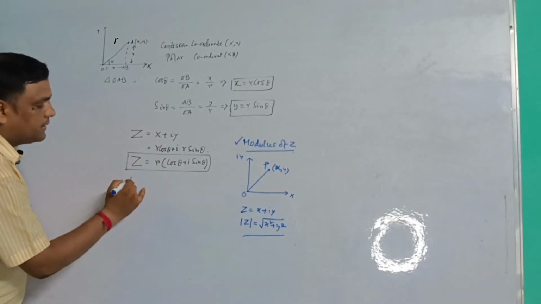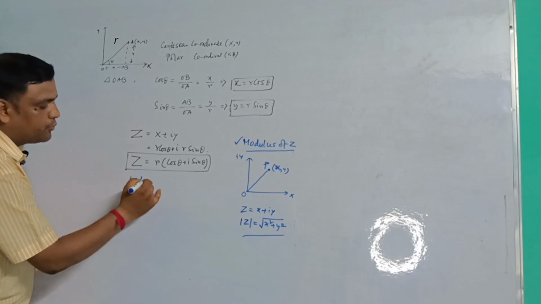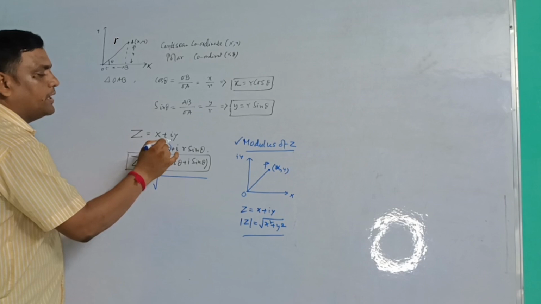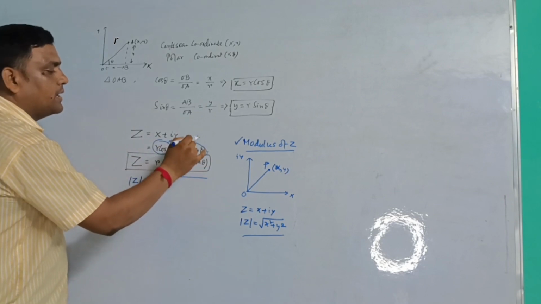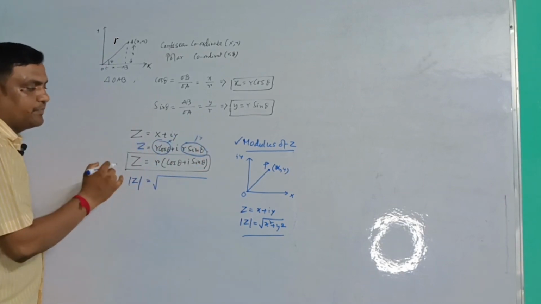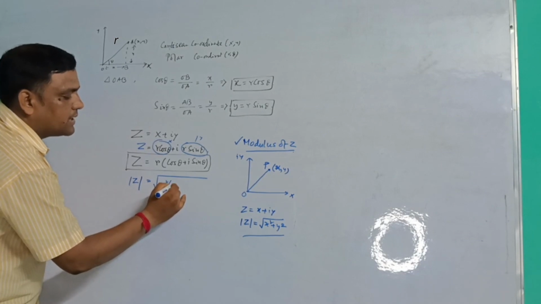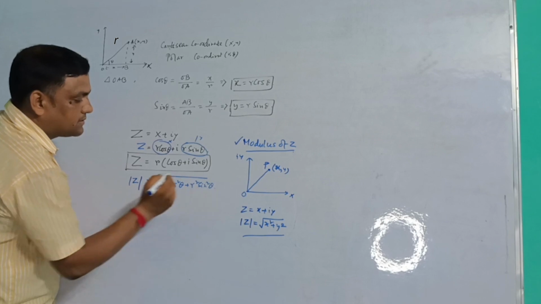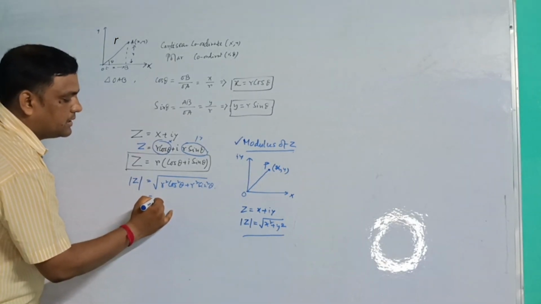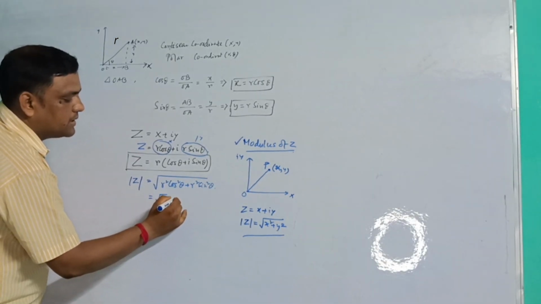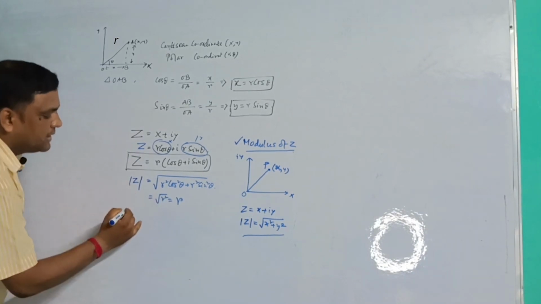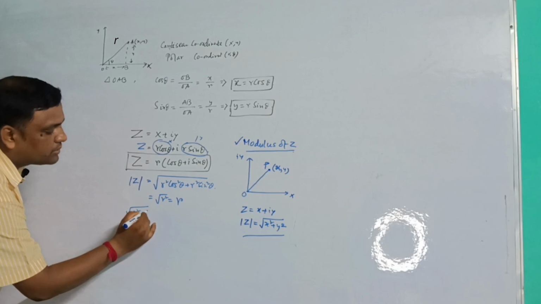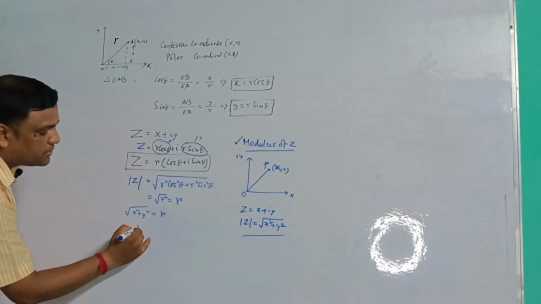Now, if we calculate the modulus in the polar coordinate system, this is your x component and this is your y component. So, we can write r square cos square theta plus r square sin square theta. From here, you will get root under r square, which is equal to r. And in the Cartesian coordinate system we already have root under x square plus y square equal to r.